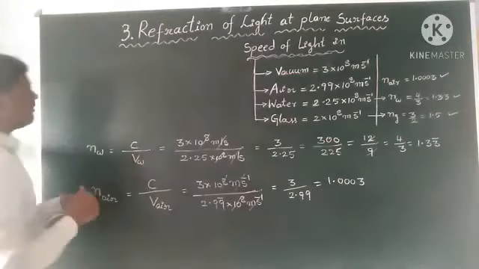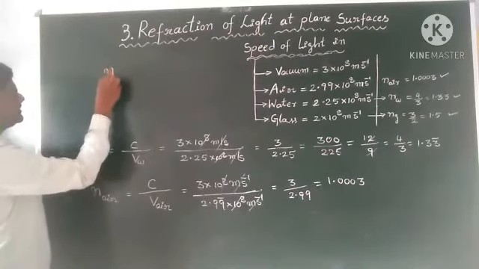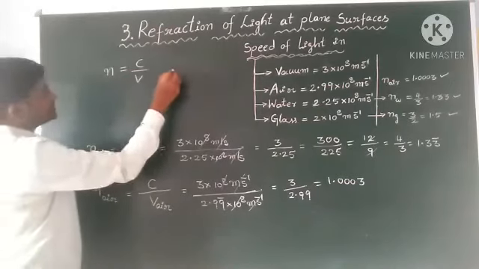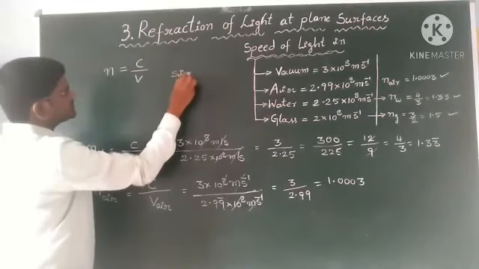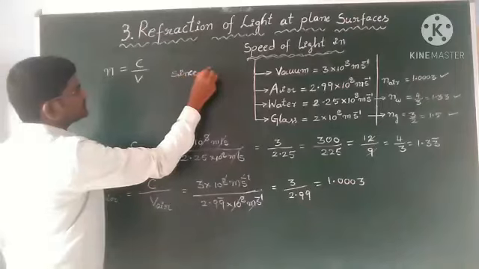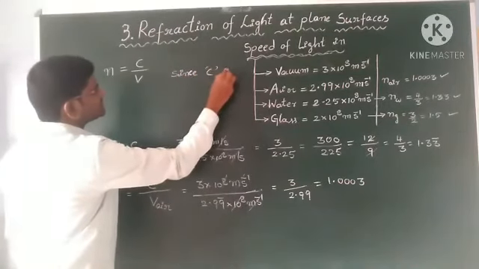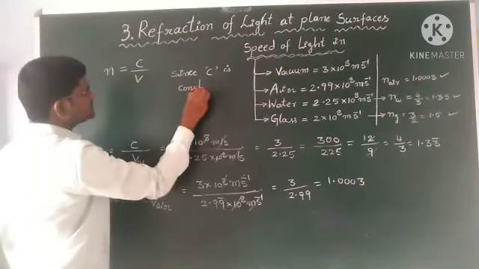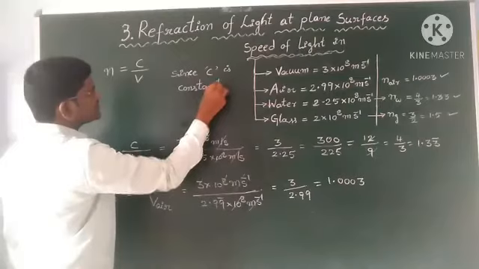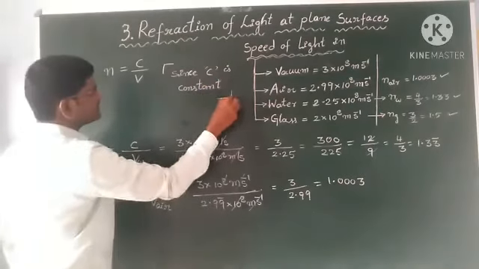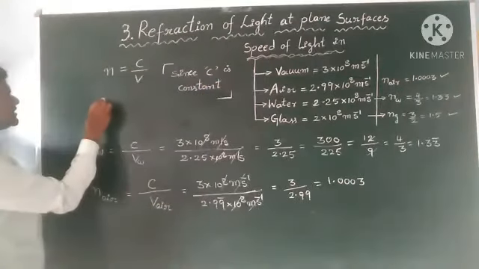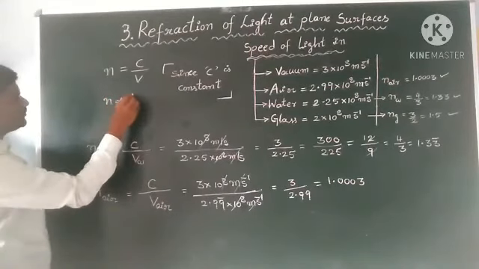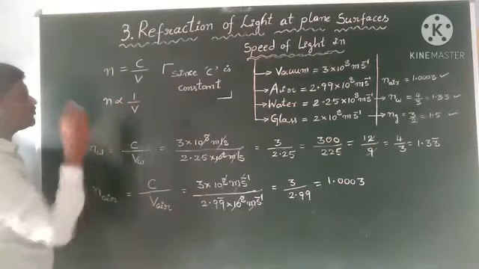We know the formula of refractive index: n is equal to c by v. Since c is constant, n is inversely proportional to v.